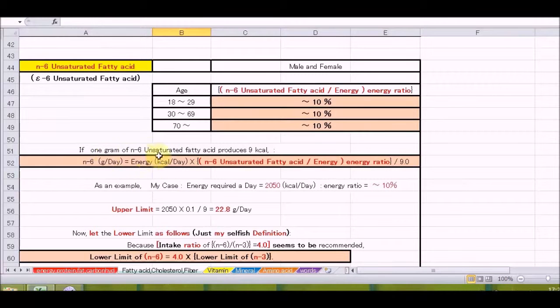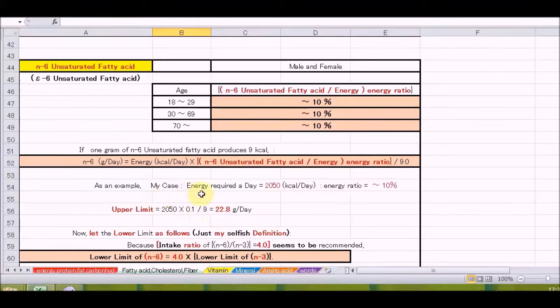If 1 gram of N6 unsaturated fatty acid produces 9 kilocalorie heat, it can be estimated by this equation: energy multiplied by N6 unsaturated fatty acid energy ratio divided by 9.